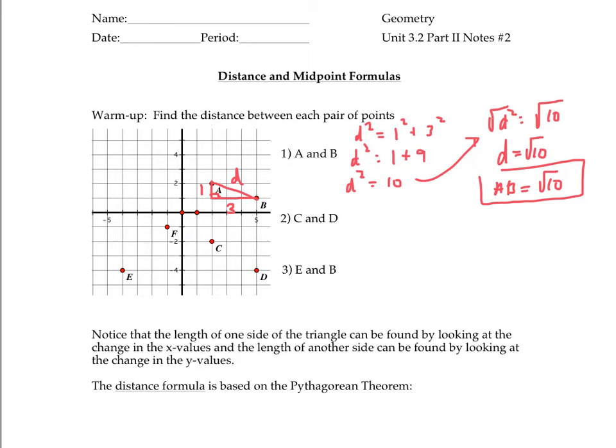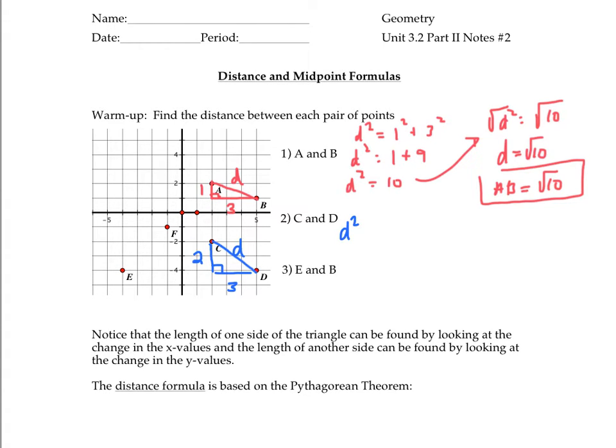Okay, for the length of line segment CD, if we connect those two. And again, let's turn this into a right triangle by dropping in the vertical segment and horizontal segment. The vertical segment has a length of 2. Horizontal segment has a length of 3, and again we'll call that distance d between them.